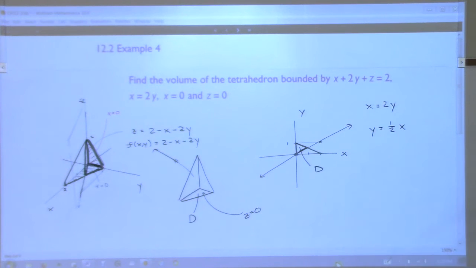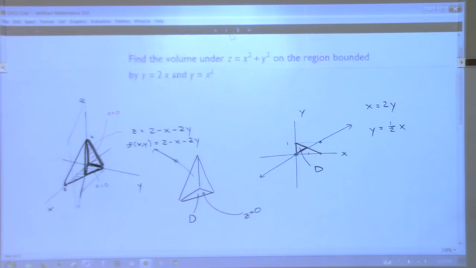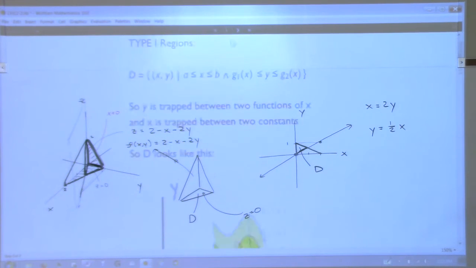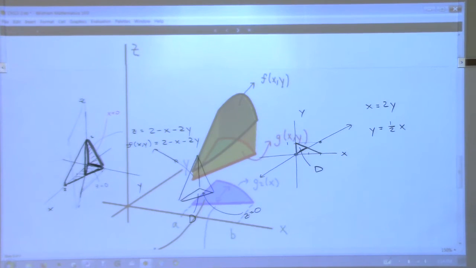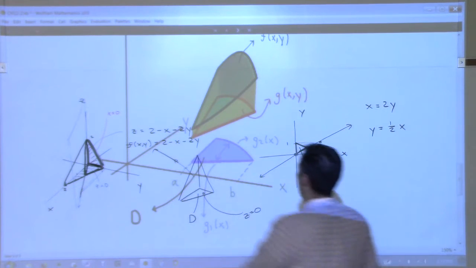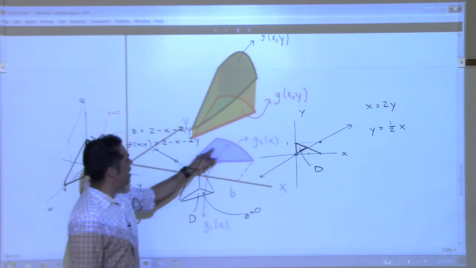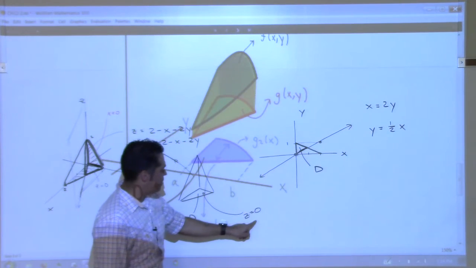So maybe I'll go back in my notes and I'll remind you. That's pretty much what we're looking at there. Let me bring that up. We have a domain on the bottom, right? Some domain on the bottom. We have a bottom surface, which we'll call g of x,y, which is this one.